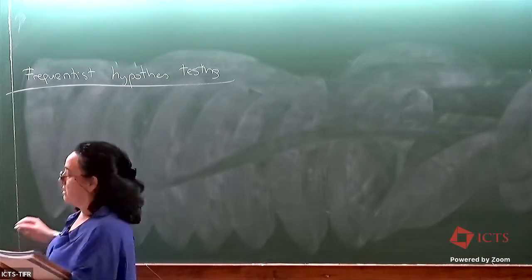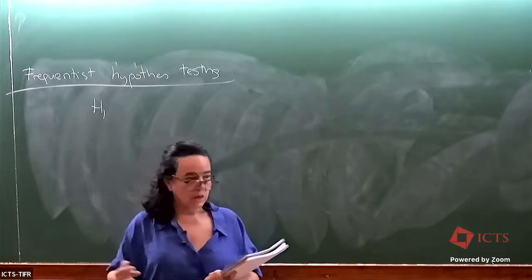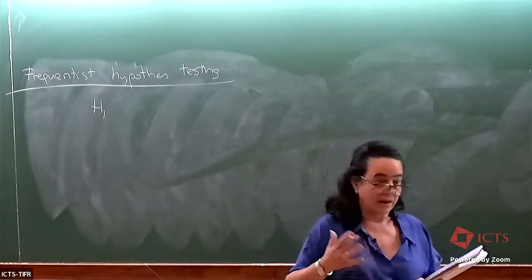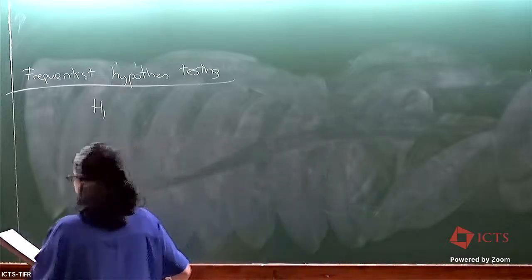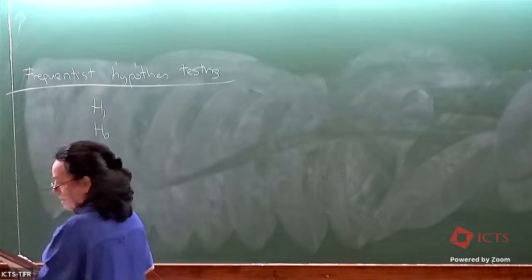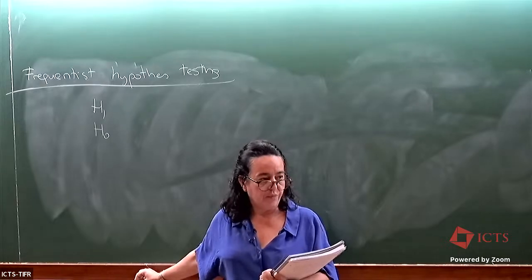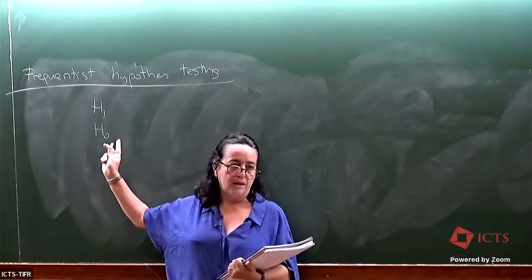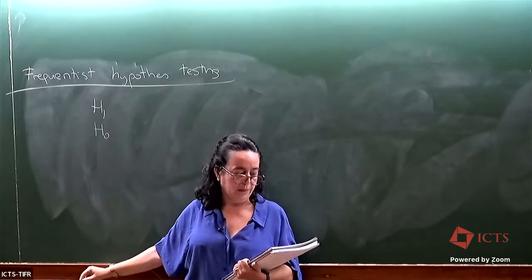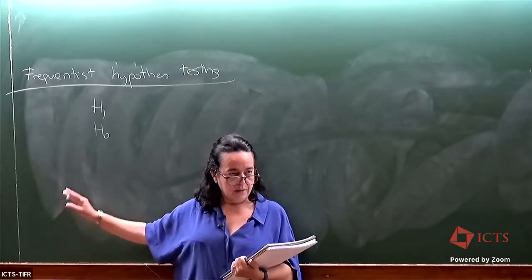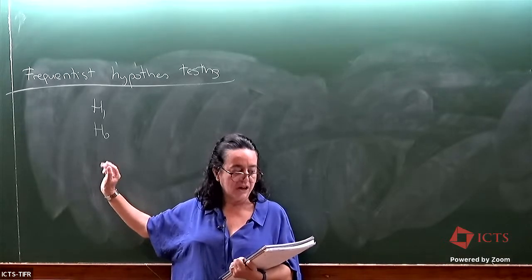So we would like to test a certain hypothesis that I call H1, for example, that my data has a gravitational wave signal. And the way we do it is that we consider another hypothesis, H0, in such a way that if H0 is true, then it will deny H1. And then what I'm going to do is to argue against H0.